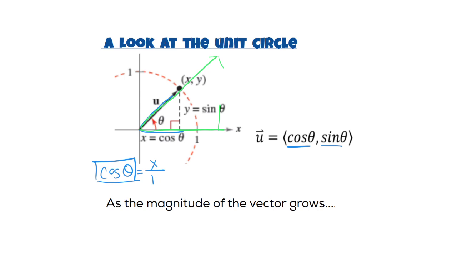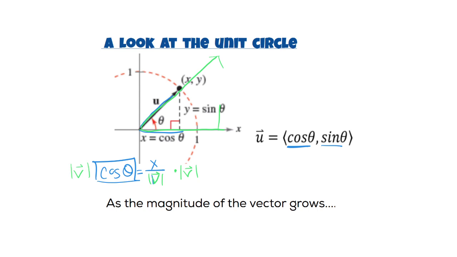If I make it longer, it's not a unit vector, and it would look like this now. That's what I would put it over, the magnitude of that vector. So if I take both sides times that denominator, your x value is going to be your magnitude times your cosine theta.